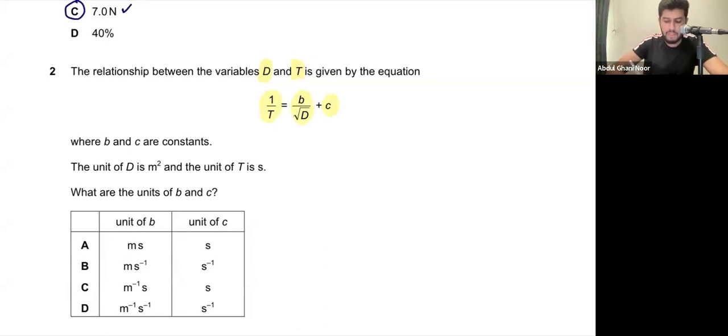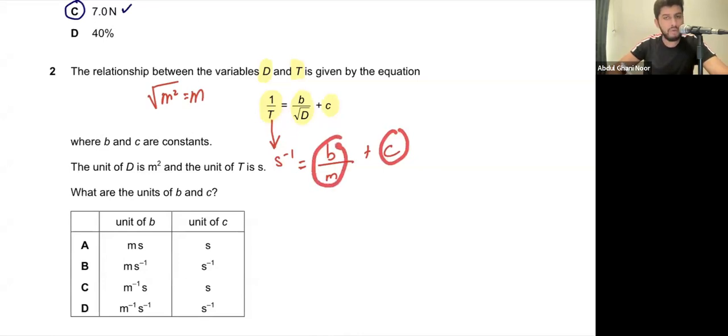So let's see. 1 upon time period has the unit per second, equals B upon under root D, where D has the unit meter squared. So under root D will have the unit meter. Under root meter squared would give you meter, plus C, which is also an unknown. Now the unit of C must equal the unit of B upon M, and the unit of B upon M must equal per second.